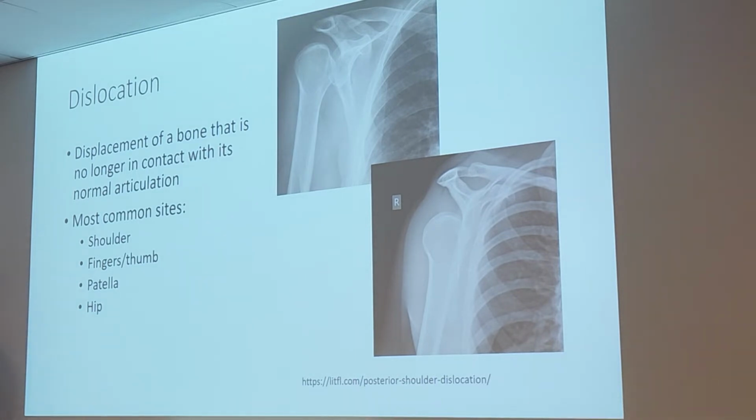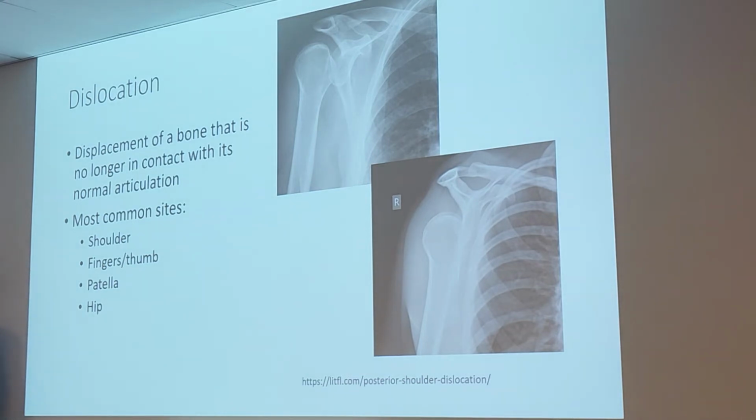But yes, the idea here is that normally there's a bone. It's supposed to be connected by a joint to another bone. Now they have separated. They are no longer in contact. They're no longer articulating. So something that you'll commonly see in clinic will be something like a shoulder dislocation.